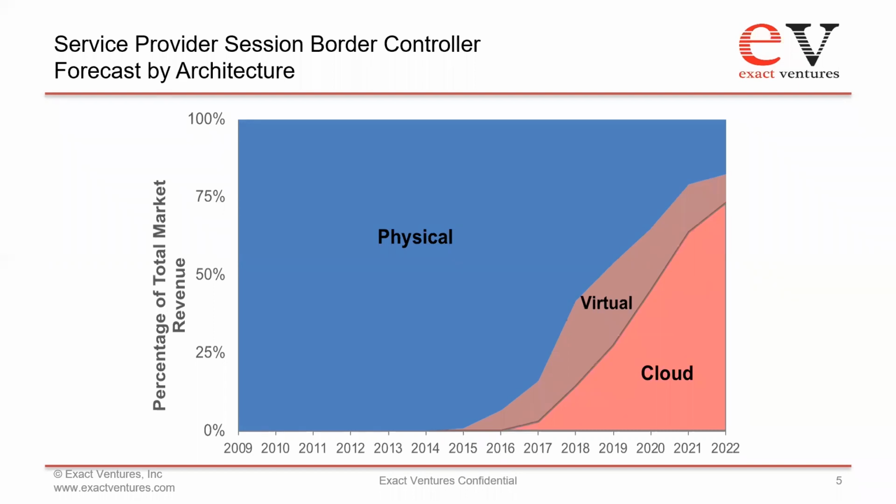Based on what we track, our downloads and the versions of our FreeSBC and ProSBC software, we are tracking right along on this. We are seeing a massive shift to the cloud, and we're getting design wins every day that are either virtualized or cloud, shifting over from bare metal and physical implementation. So we're definitely seeing this trend, and our expectation lines up exactly with what Exact Ventures was seeing.